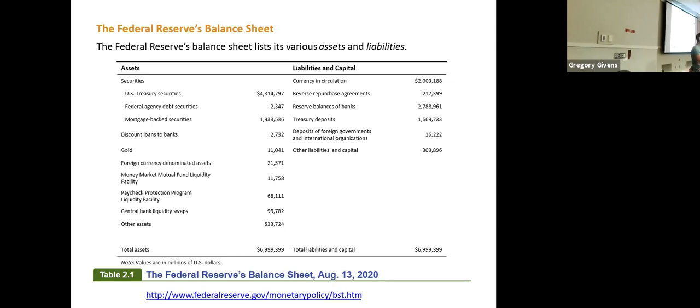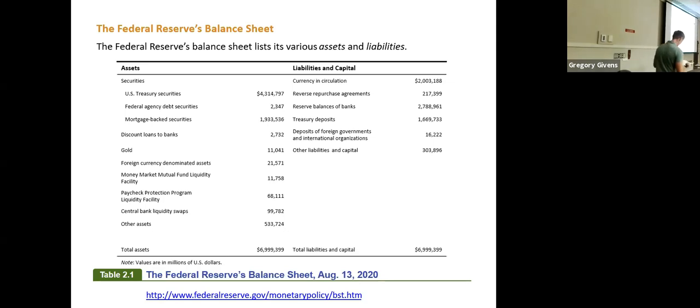Well, like any other company, Fannie and Freddie issue corporate debt, corporate bonds. During the financial crisis, as Fannie Mae and Freddie Mac were becoming insolvent, the Fed purchased a lot of their own corporate bonds or agency debt. And to this day, they still own over $2 billion worth of debt from Fannie Mae and Freddie Mac.